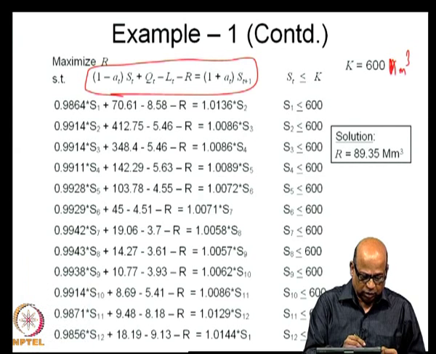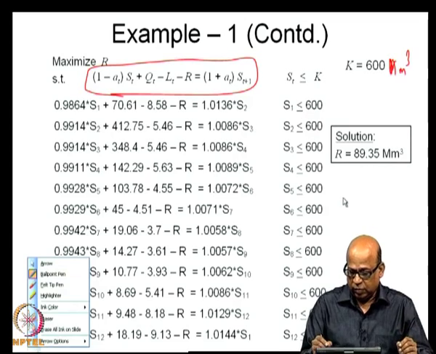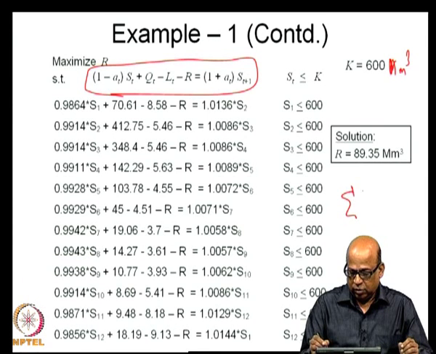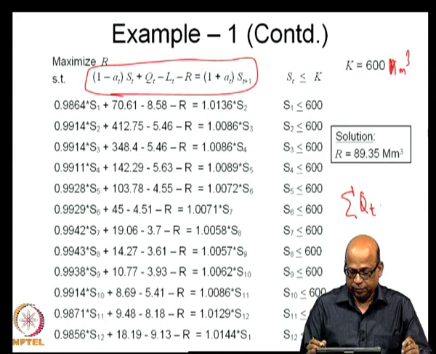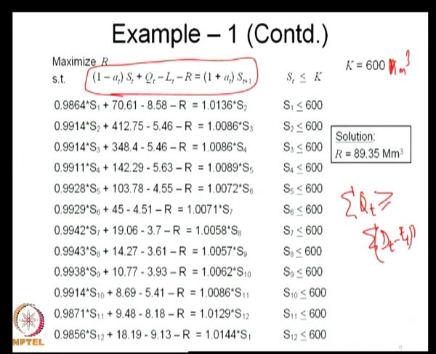Specifically, as I mentioned in the last class, the condition that you need to meet is that sigma q t must be greater than or equal to sigma d t plus, let us say, sigma E t, where E t is the losses over all t in a broad sense.